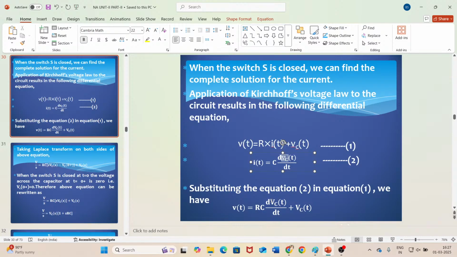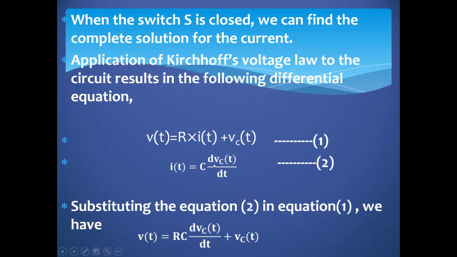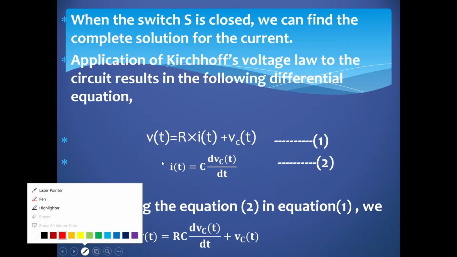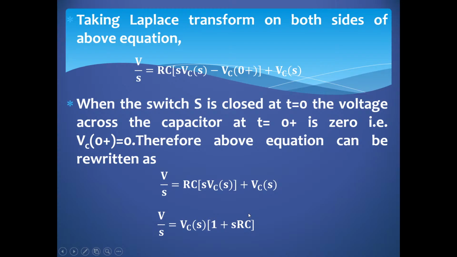But there was a coefficient to this v, that's why I wrote capital V. Besides that, there is v of c. If I write small v, it looks as if it is multiplied with c. That's the reason I didn't write the small v. It's okay.